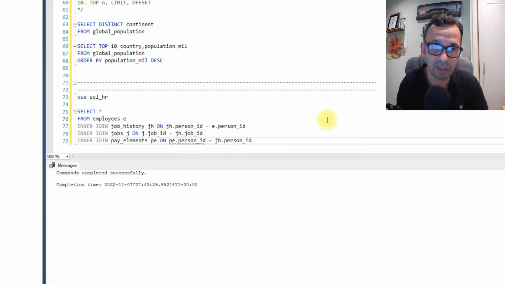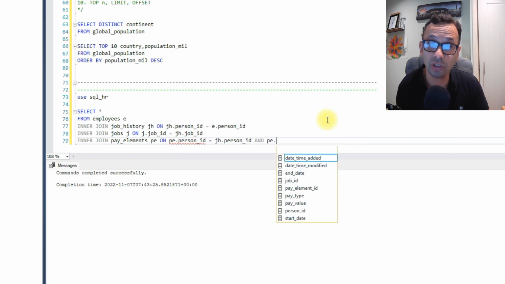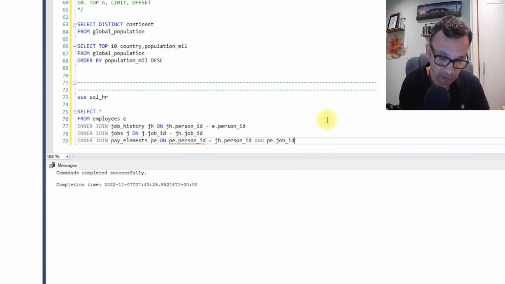And if you remember from the lesson when I talked about these tables, PE has 2 joins. It joins on job ID as well, equals JH.job ID.